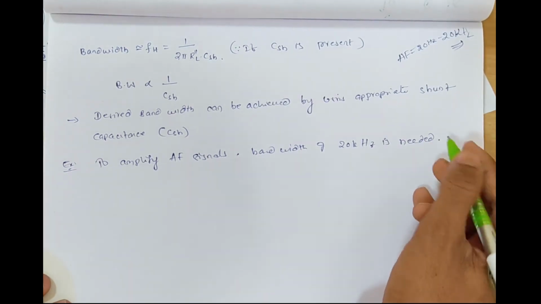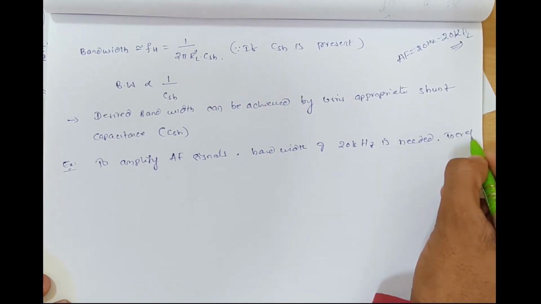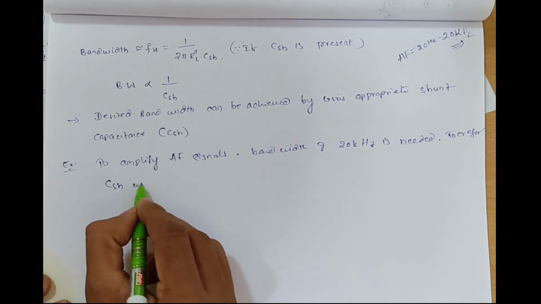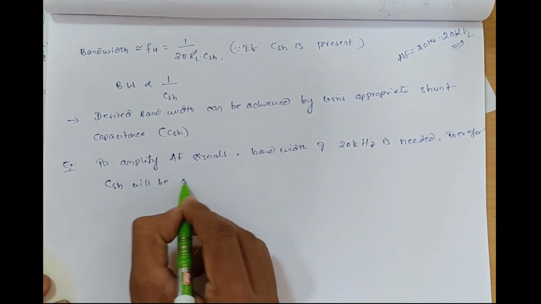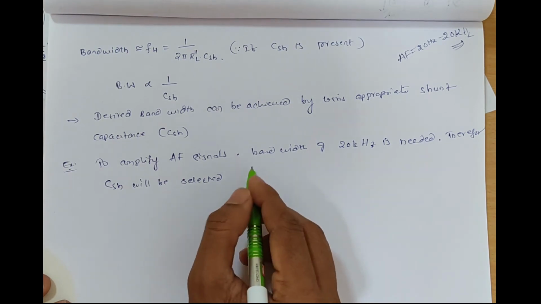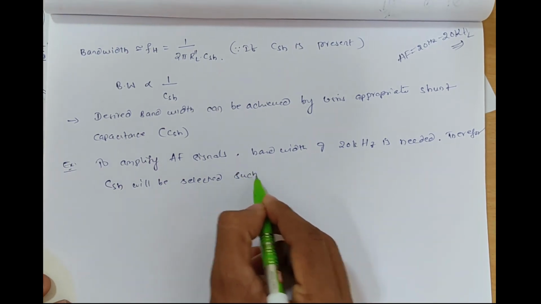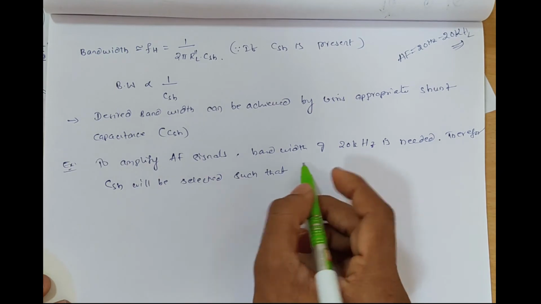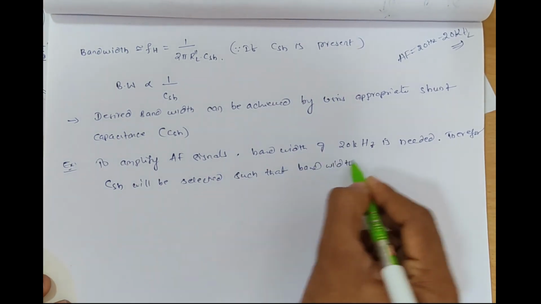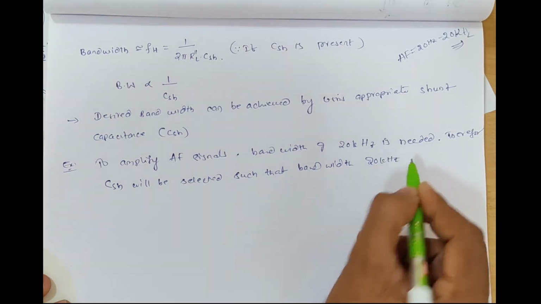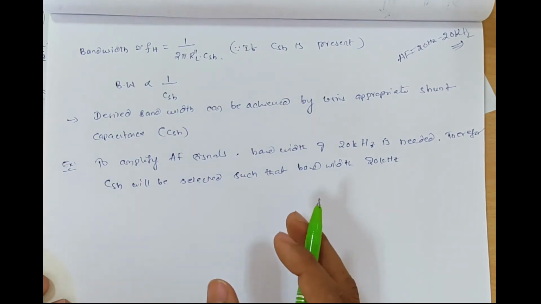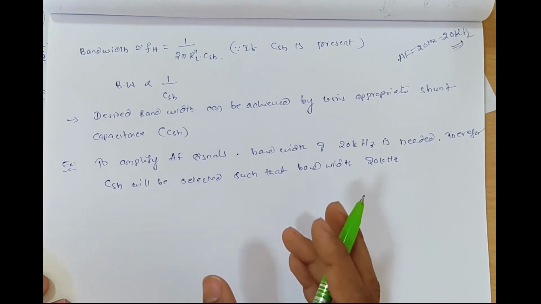Therefore, CSH, that means shunt capacitance, will be selected such that bandwidth becomes 20 kilohertz. Yes or no? So to amplify the audio frequency signals, we know the range is 20 Hz to 20 kilohertz.